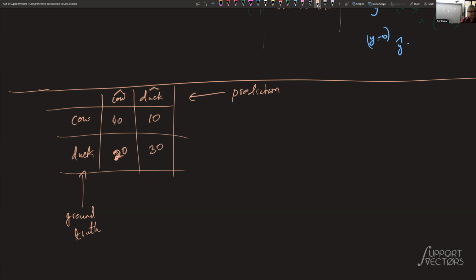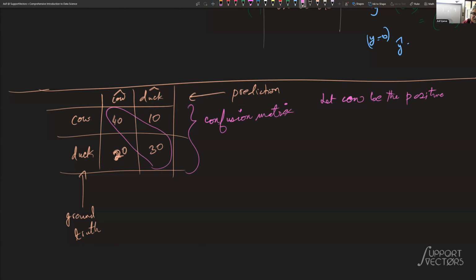What is this matrix called? This is our confusion matrix. In this confusion matrix, these are the correct answers: cow as cow and duck as duck. So let us consider, let cow be the positive case for whatever reason.